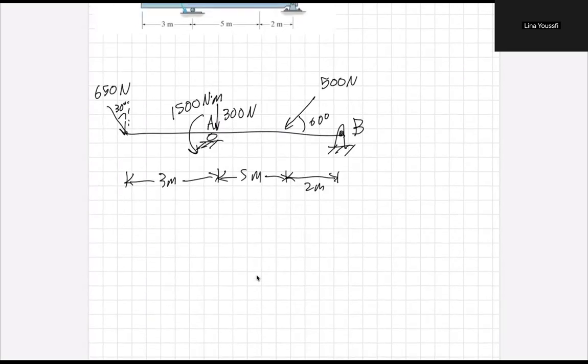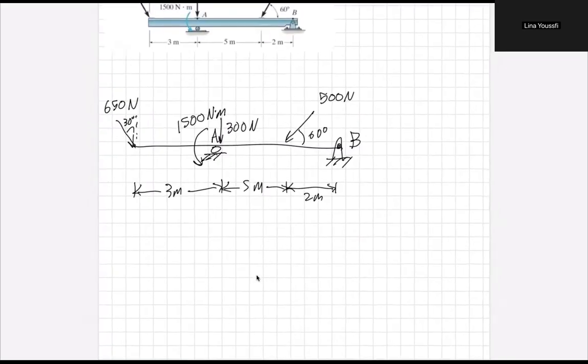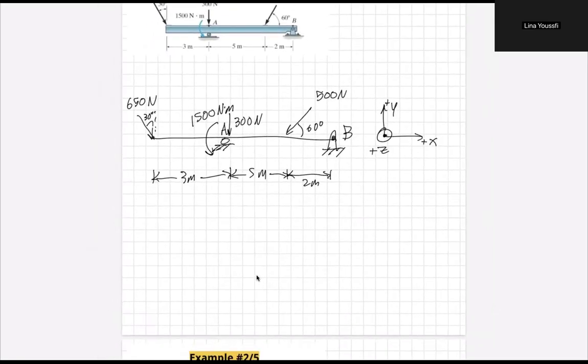The first step in this problem is drawing out our coordinate system. Standard for this class is to have positive x in the right direction and positive y going vertically upward, meaning z is coming out of the page. The next step is to sum forces in the x and y directions.